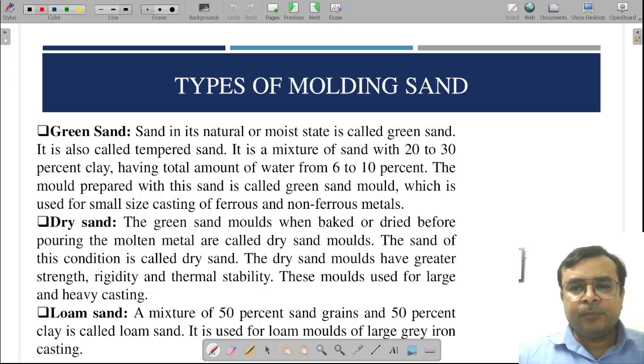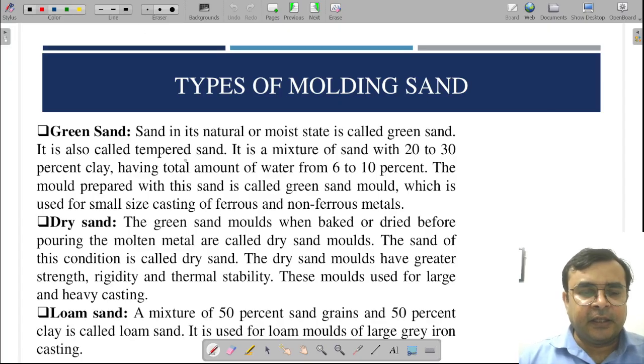Okay, so let's see first the types of molding sand. After that, we'll discuss the properties of molding sand and some ingredients of the molding sand later on in this lecture.